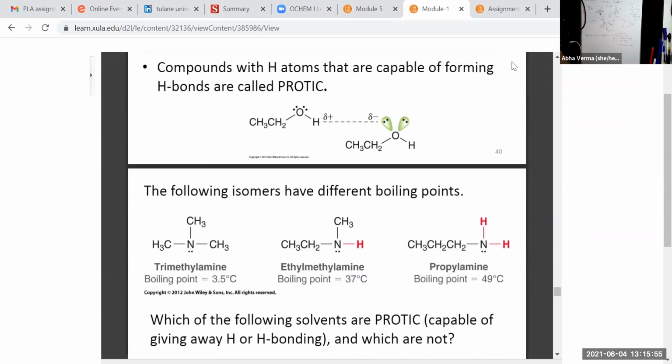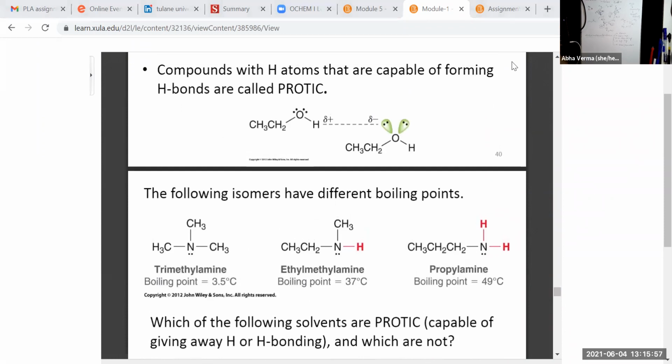Okay. The hydrogen in this case is known as the hydrogen donor, and this oxygen or the electronegative element from the other molecule is known as the hydrogen acceptor.